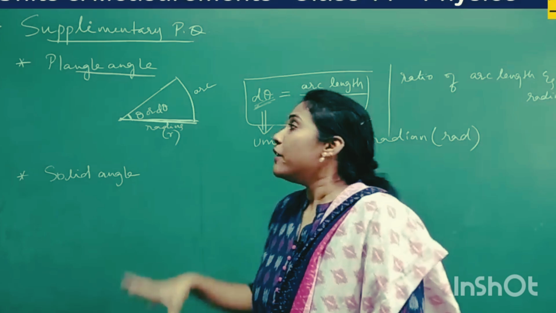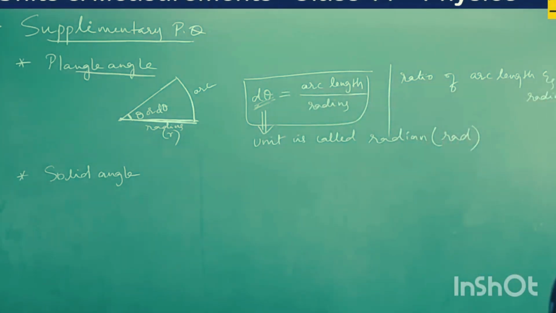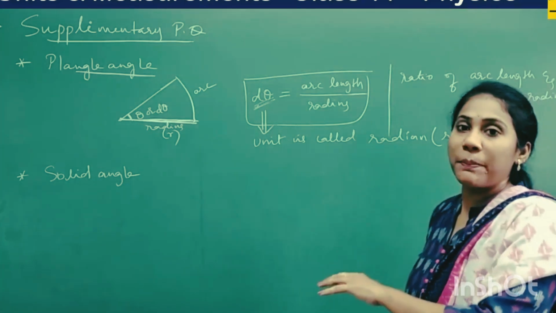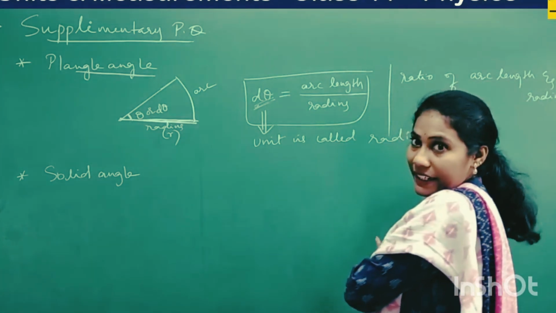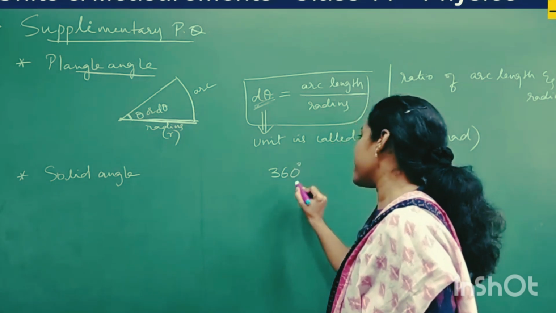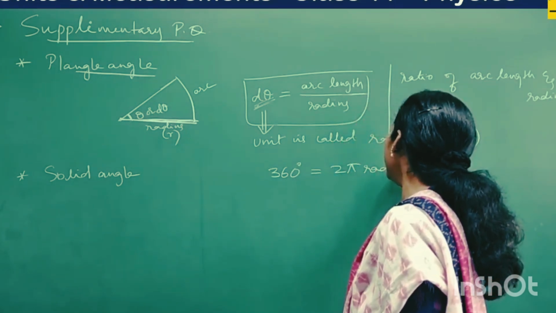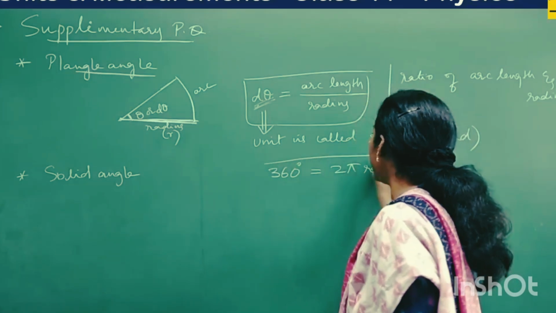Along with the degree, we have one more unit for angle, that is radian. There is a relationship between degree and radian. The relationship is 360 degrees is equal to 2 pi radian.